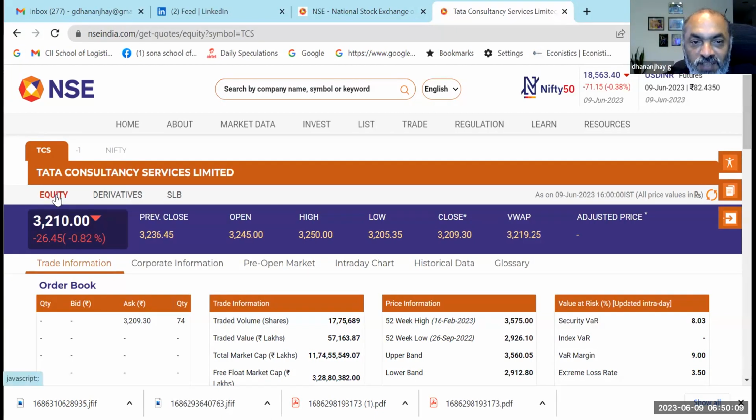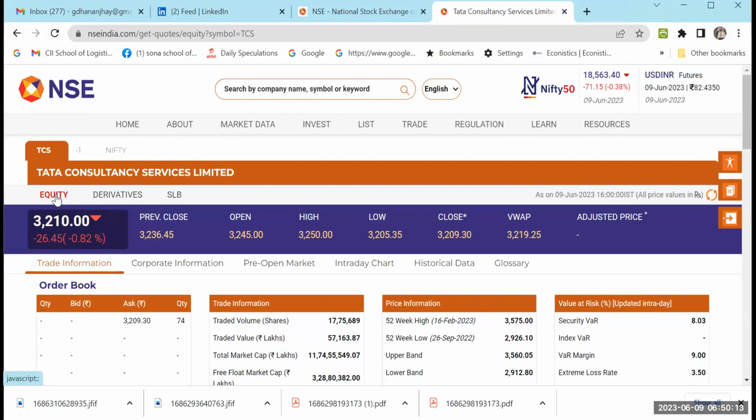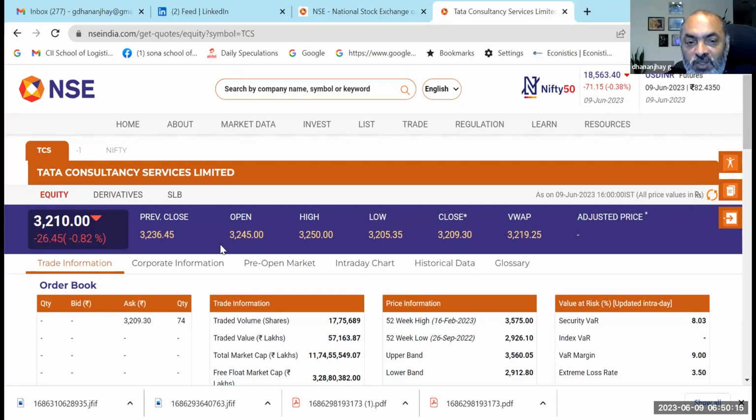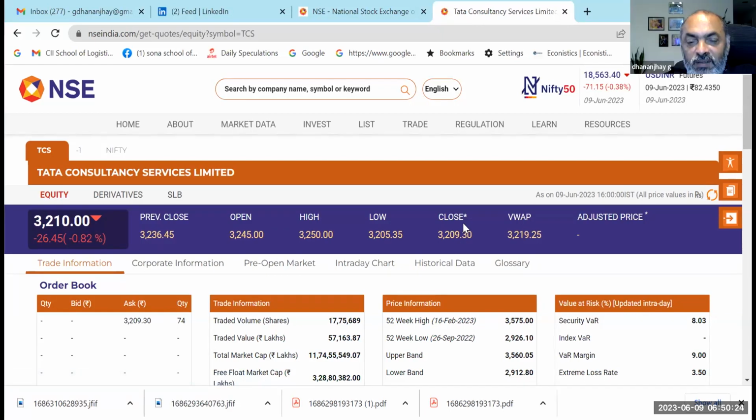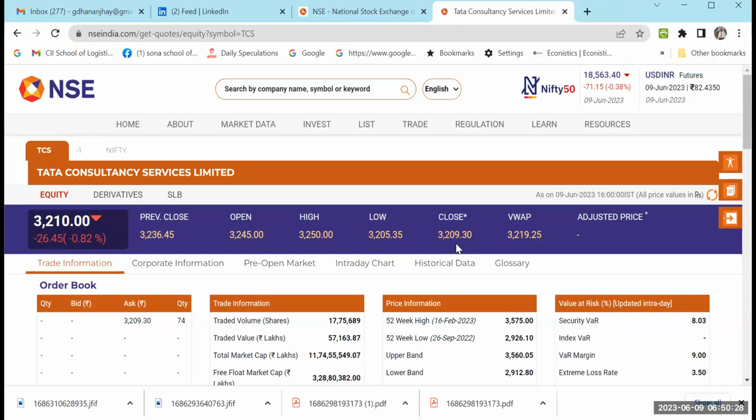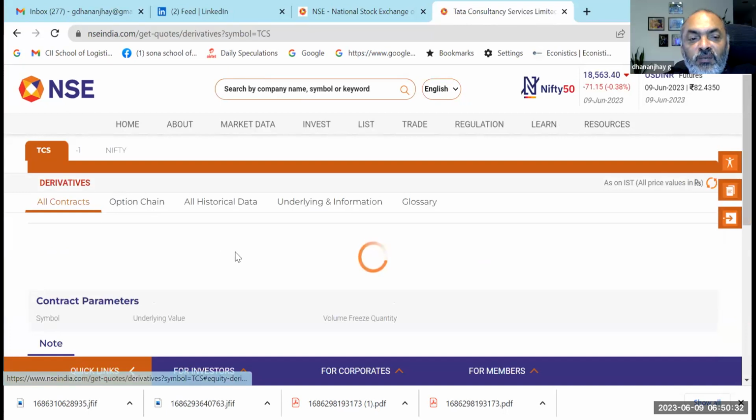I have now highlighted equity in TCS. When I highlighted TCS, these quotations came, these prices. What is the spot price of TCS closing price? 3,209, sir. Okay.